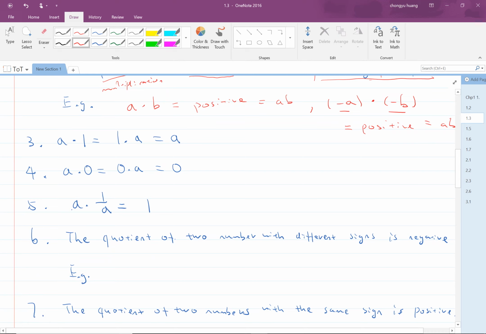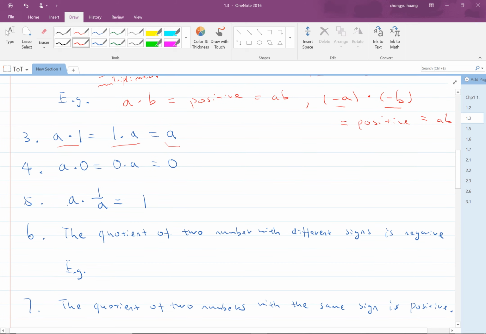Then we have some more properties. Property 3 says A multiplied by 1 is equal to 1 multiplied by A, which is equal to A. A real example is 2 multiplied by 1 is equal to 1 multiplied by 2, so it's going to be 2. Property 4 is A multiplied by 0 is equal to 0 multiplied by A, which is equal to 0, so something like 4 multiplied by 0 and 0 multiplied by 4 is equal to 0.